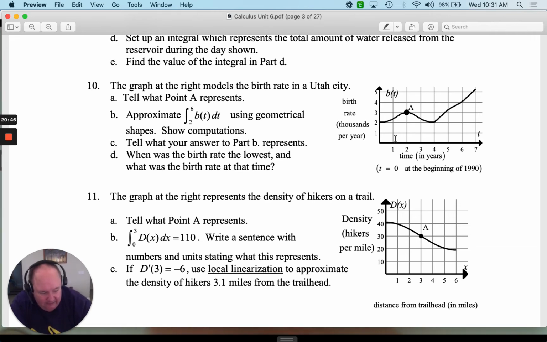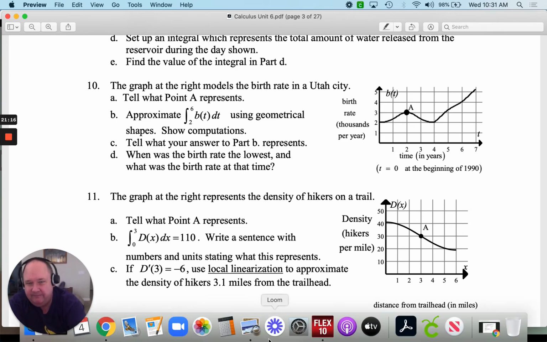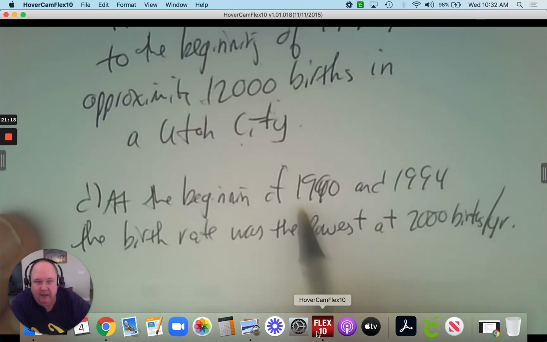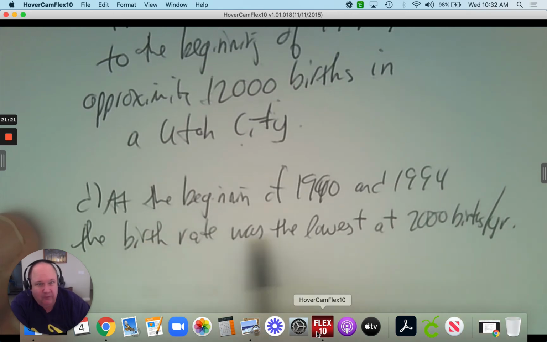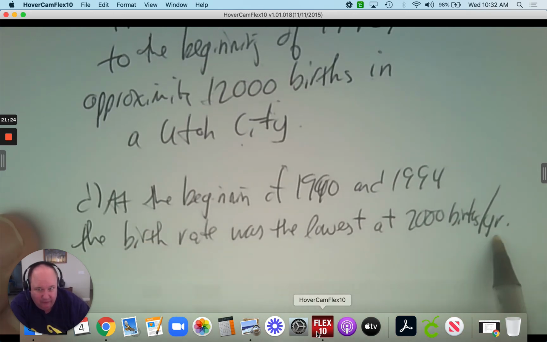So at the beginning of 1990 and 1994, the birth rate was the lowest at, what was the birth rate? 2,000 births per year. Let me show you my sentence again. So at the beginning of 1990 and 1994, the birth rate was the lowest at 2,000 births per year.